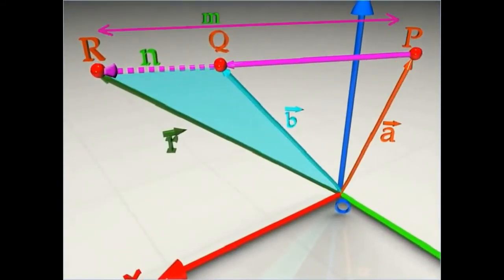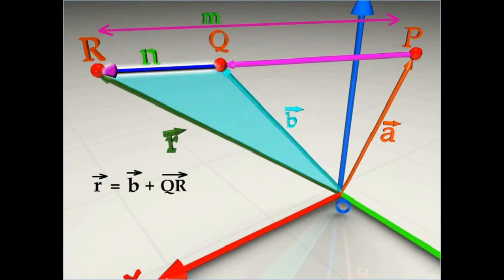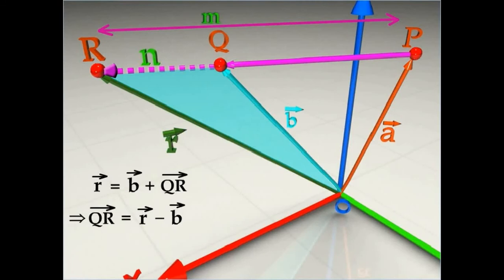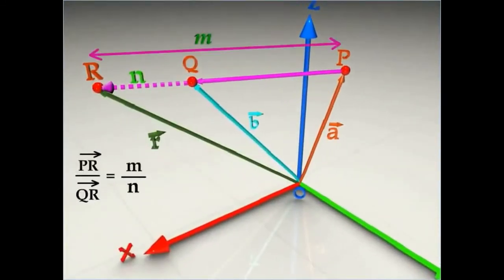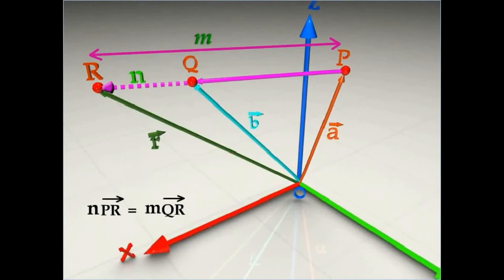In the triangle ORQ, applying triangle law of vector addition, we get vector R is equal to the sum of the vectors B and QR, which further implies vector QR is equal to vector R minus vector B. Also, in triangle OPQ, applying the triangle law, we get vector PQ is equal to vector B minus vector A. Since point R divides PQ externally in the ratio m:n, n into vector PR is equal to m into vector QR.